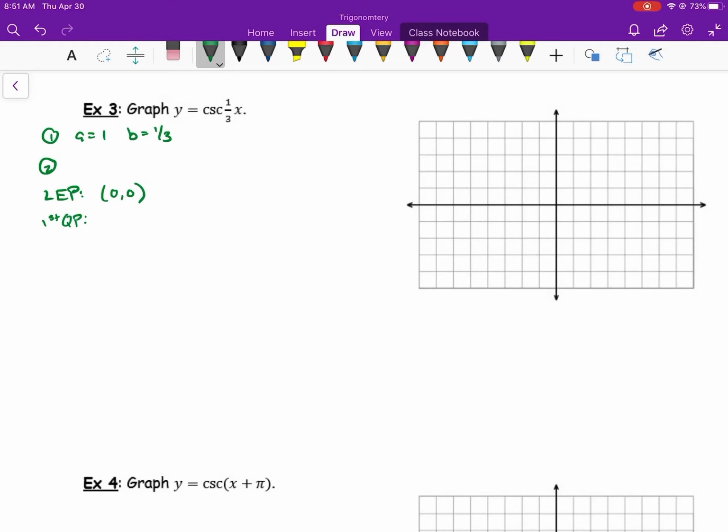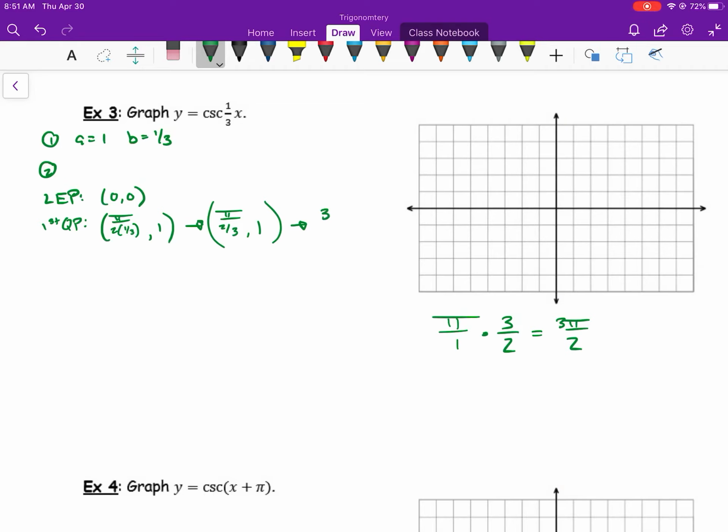Our next point is pi over 2b, so it's pi over 2 times 1/3, and A. So we get pi over 2/3. Then scratch work, pi over 1 multiplied by the reciprocal, 3/2, which is 3 pi over 2. So we have 3 pi over 2, 1.